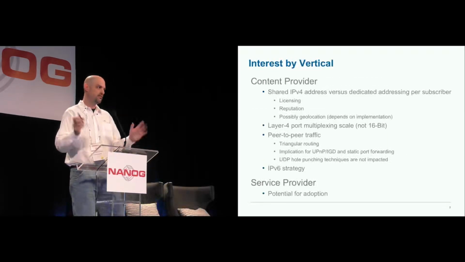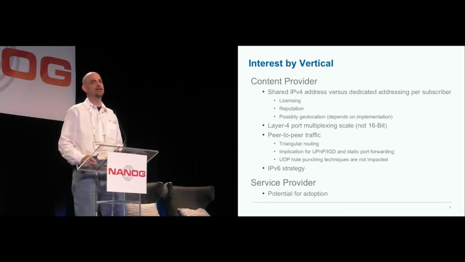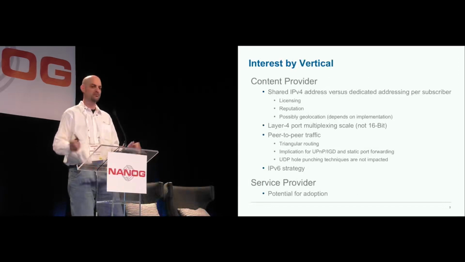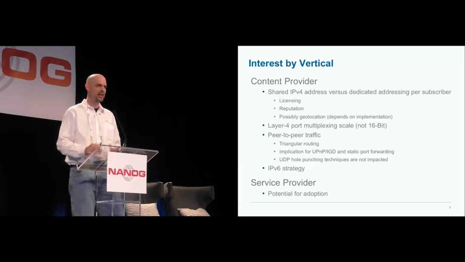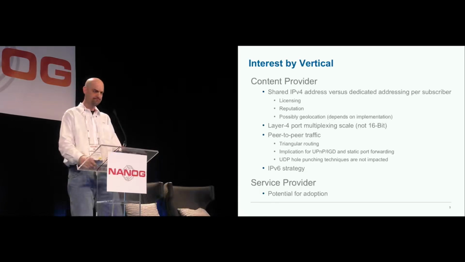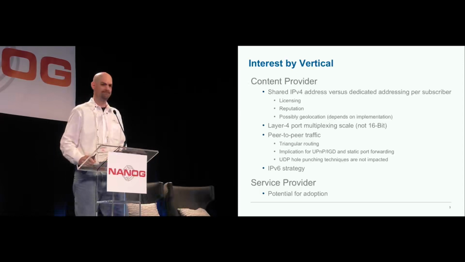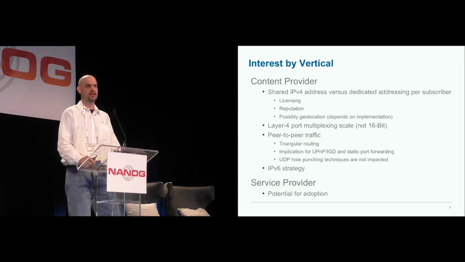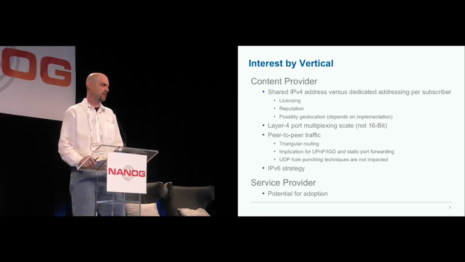So we have a pretty varied audience here at NANOG. We've got content providers, service providers, other verticals. Why would MAP-T and actually other address sharing techniques be of interest? Well, we're all dealing with IPv4 address exhaustion, and it's obviously causing us some significant issues.